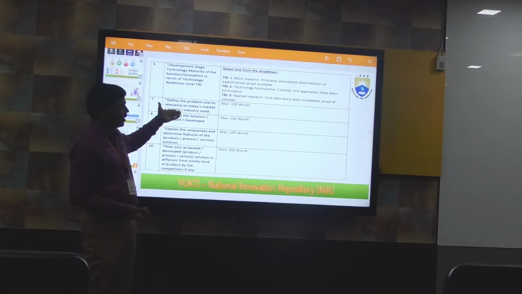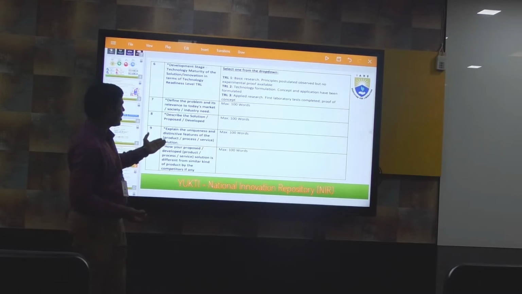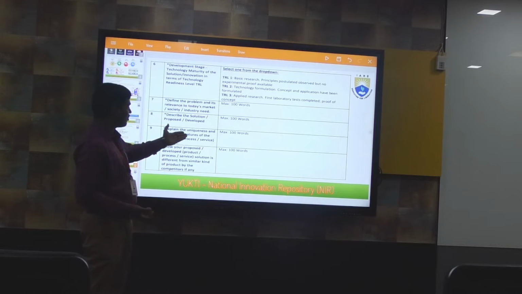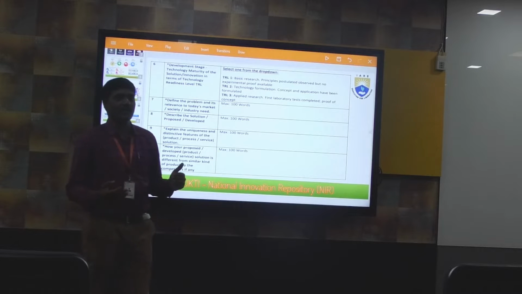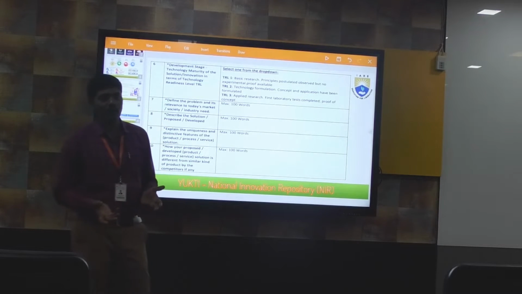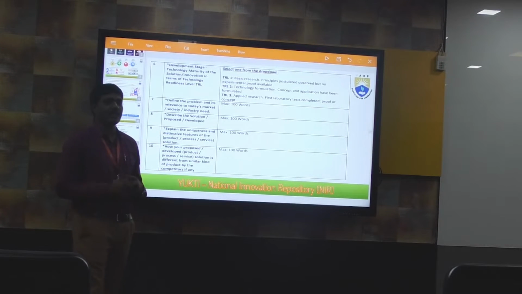So that is the care we have to take. And explain what is the uniqueness and distinctive feature of the product or solution. Especially here, whenever students want to define the uniqueness in what they are doing, first of all they should know what is existing in the market, or what kind of products exist to solve the same problem.